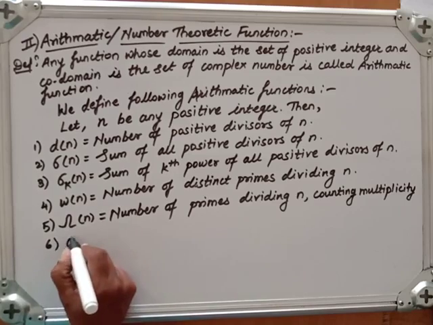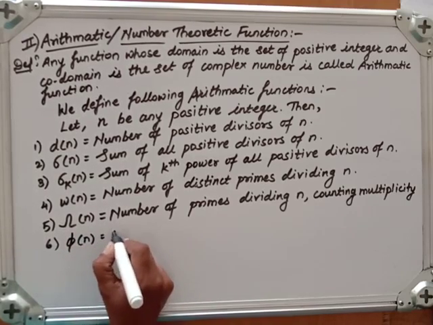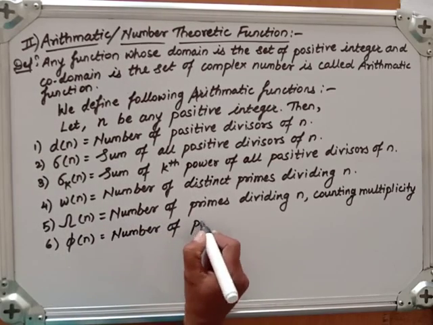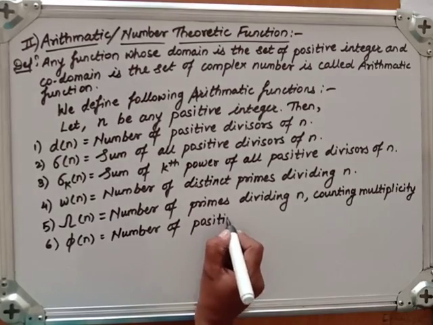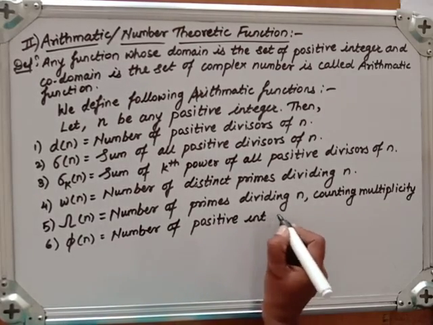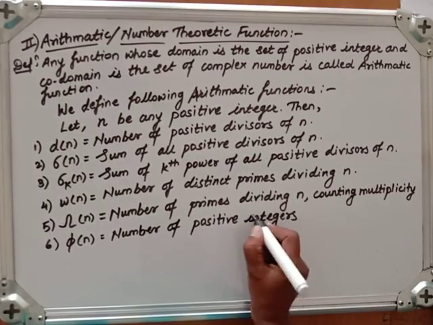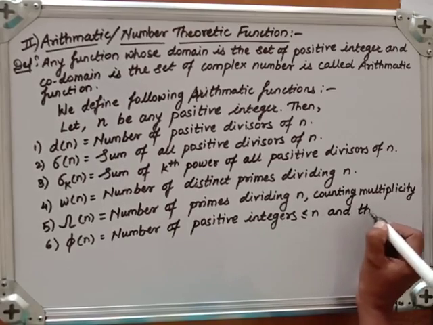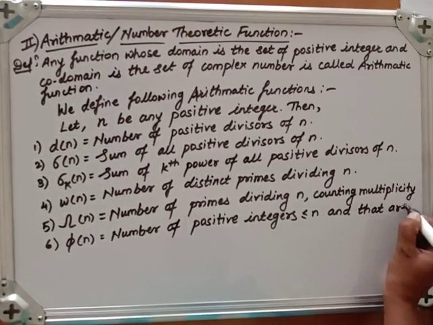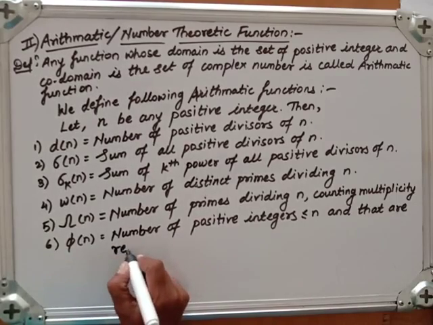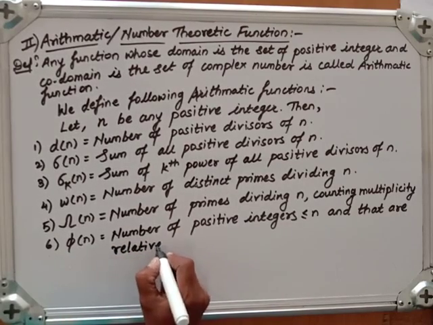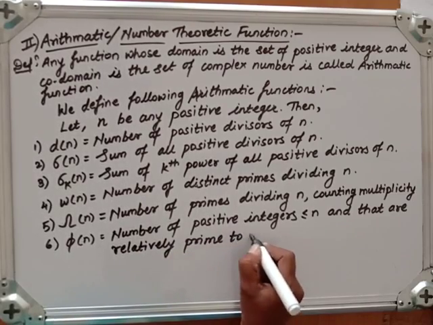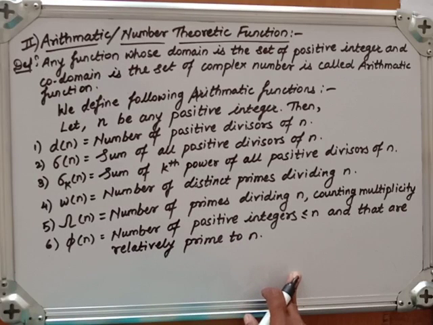Then the next one, phi(n). Phi(n) is the number of positive integers less than or equal to n that are relatively prime to n.